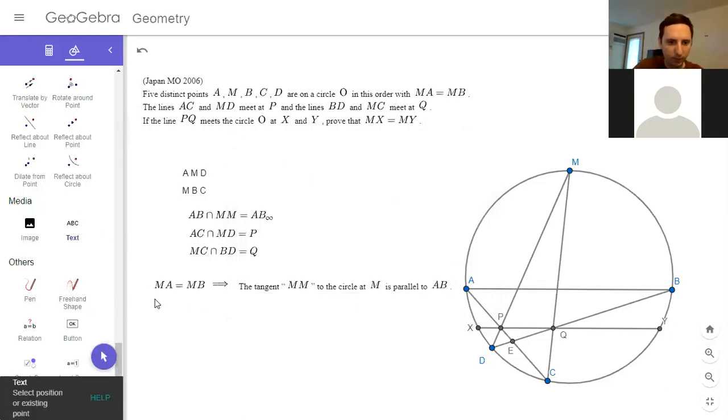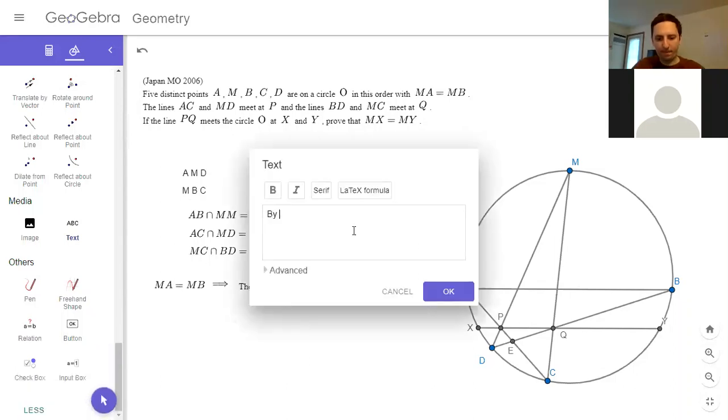So by Pascal's theorem, we have P, Q, and the point at infinity are collinear, and that means that PQ is parallel to AB.